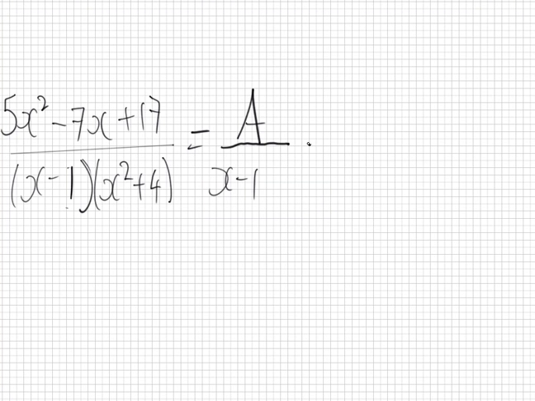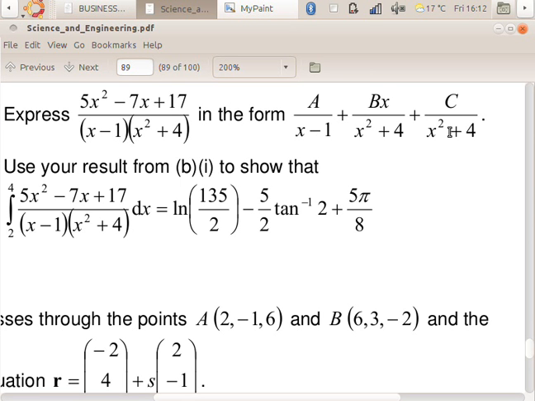So, what's the next one? It's x squared plus 4, isn't it? And we know here is bx plus c, with b and c individual.